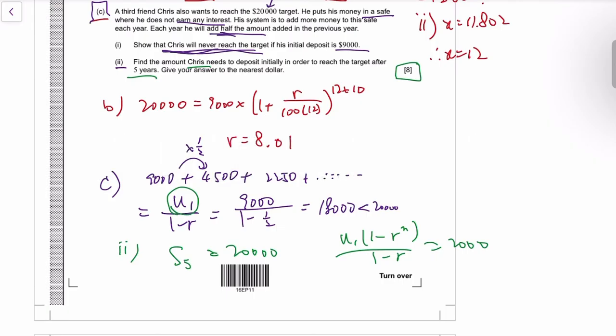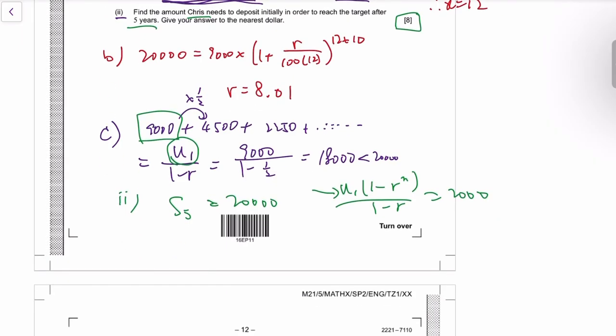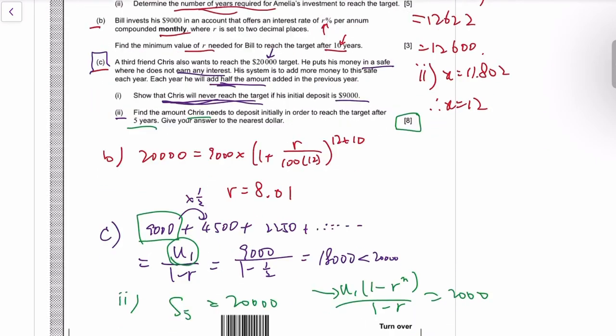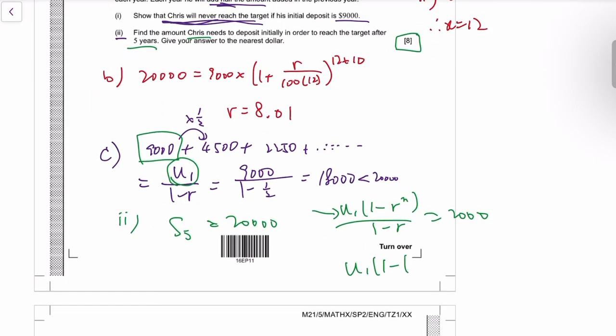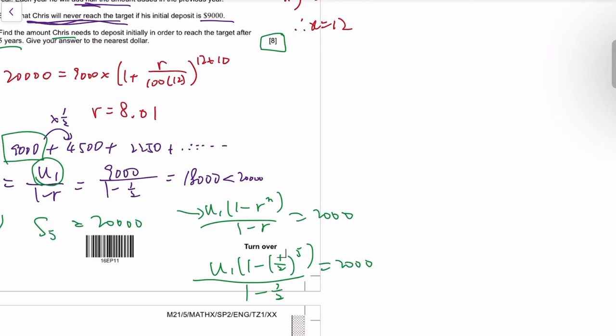So u1 is how much you put in at the beginning, which is what we want. And r would still be half because his plan is still to put in half of what he put in the previous year. n is 5 because 5 years, and you need this to equal 20,000.